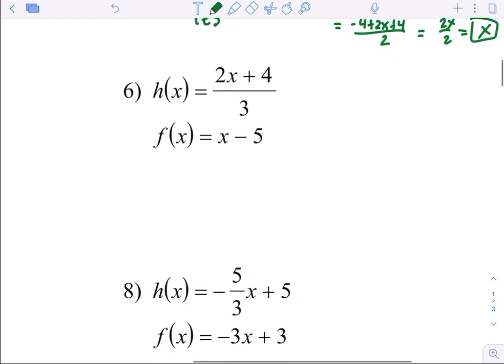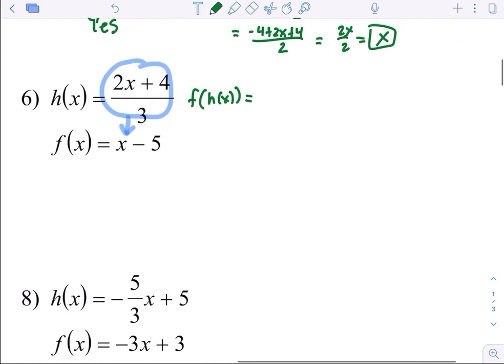Number 6. F of h of x. So I'm going to be substituting h of x all in for f. So that's going to equal 2x plus 4 all over 3 minus 5.